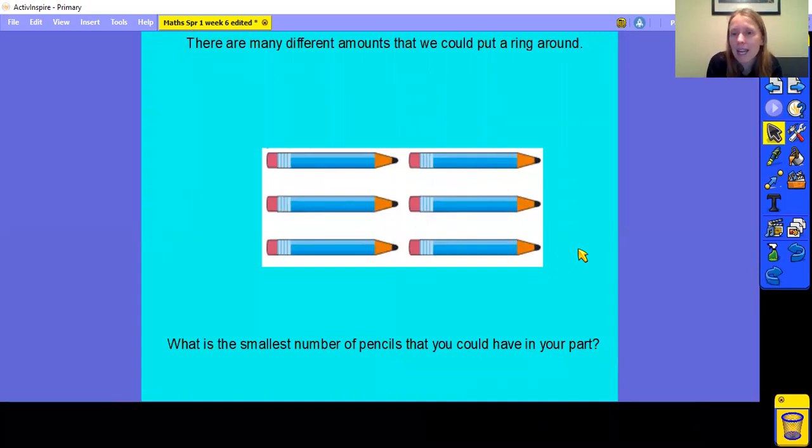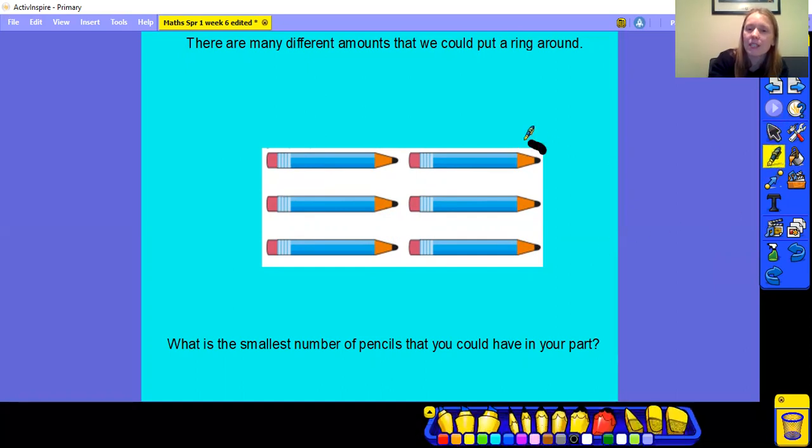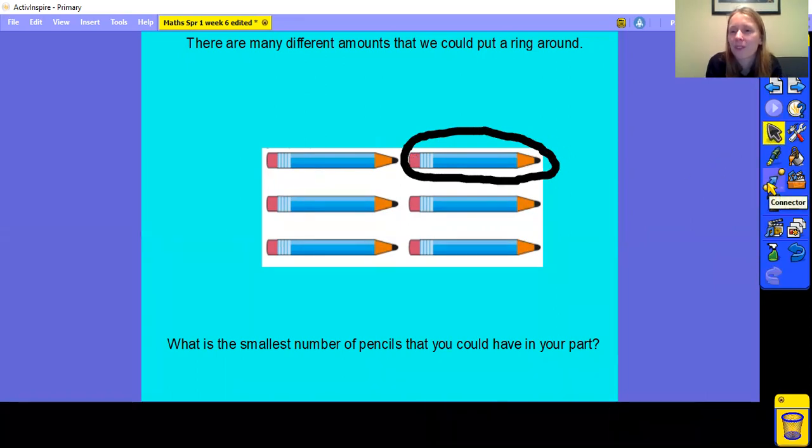We can't do it with 6 because that would be the whole group. So what's the smallest amount that we could have in our part? If you said 1, well done. Yeah, you're right. So we could have 1 pencil in our part, and that would be the smallest number of pencils that we could have.